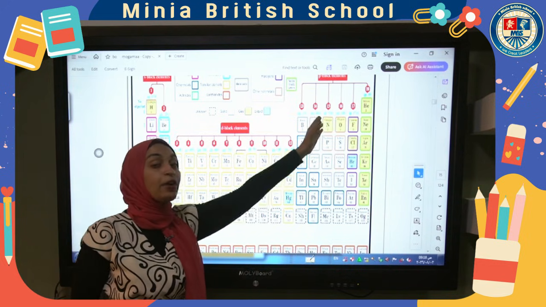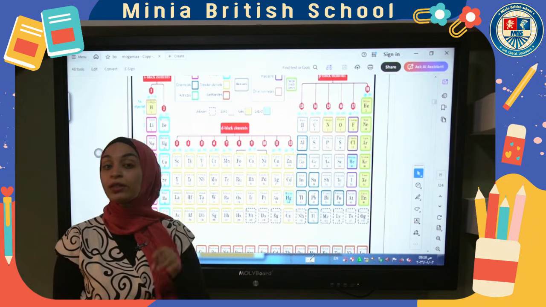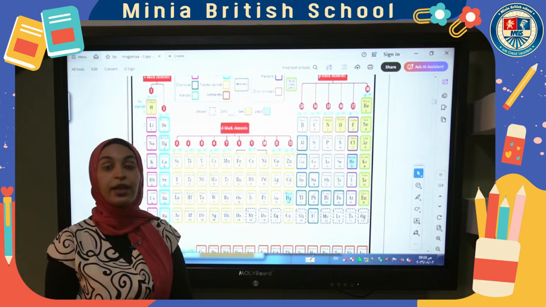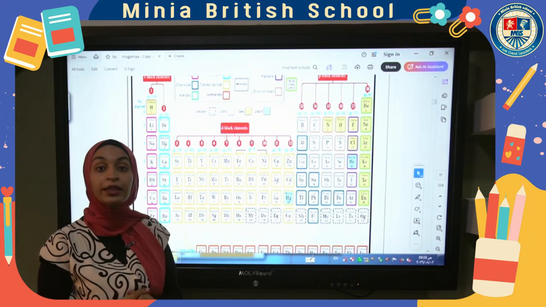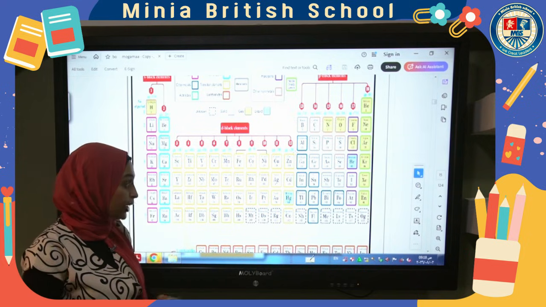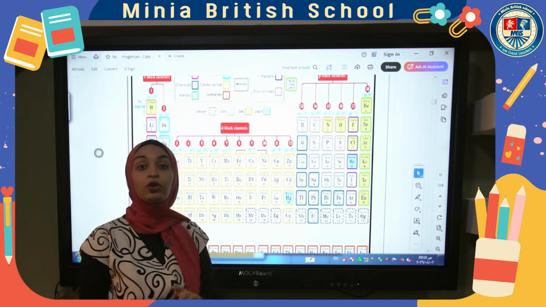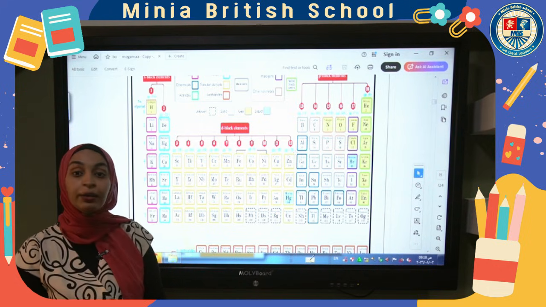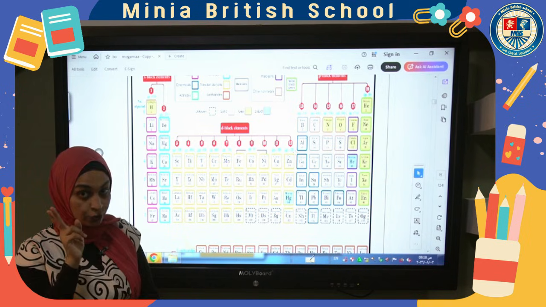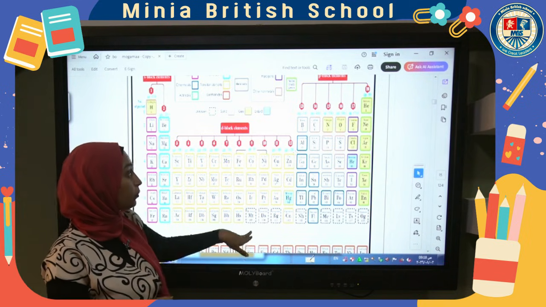And it contains 7A, which is halogens. 7A means that their outermost energy level contains 7 electrons. Ended with the inert gases that are completely filled with 8 electrons, except the helium that's satisfied with 2 electrons.